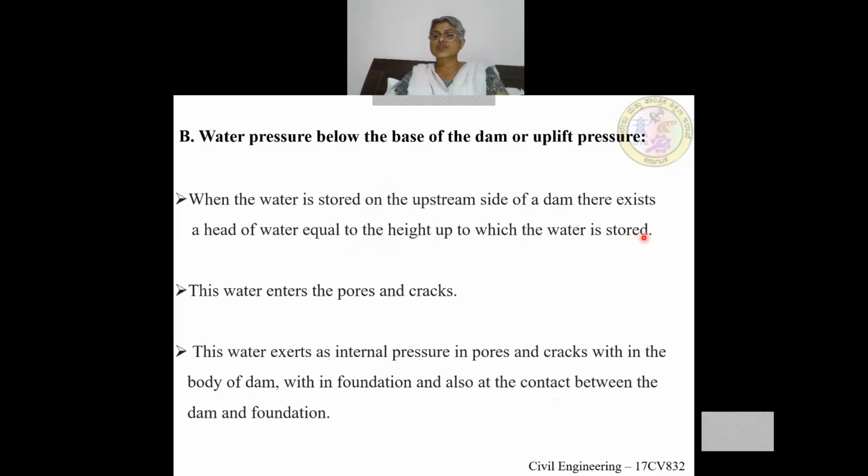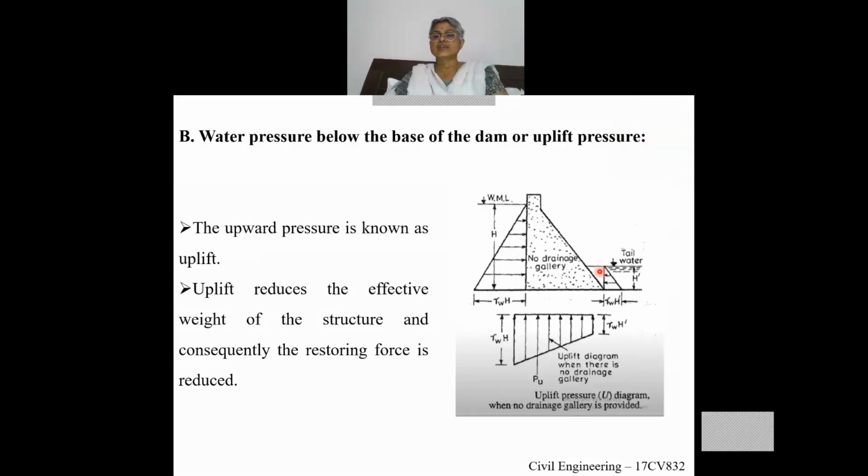I've shown that in the diagram in the next slide. You can see here, this is the water head. If H is the water depth, this is the horizontal pressure of water, whereas this is the head of water below the dam, which will also have an intensity of gamma W into H.